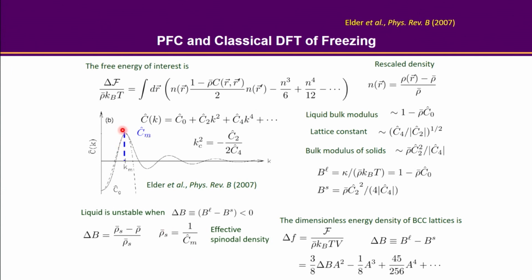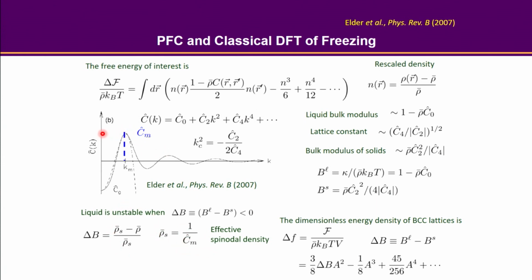So it's also a function of C0, C2, and C4. You need to manipulate the algebra a little bit in order to see that the delta B can be rewritten in this form. And Cm basically is a height.